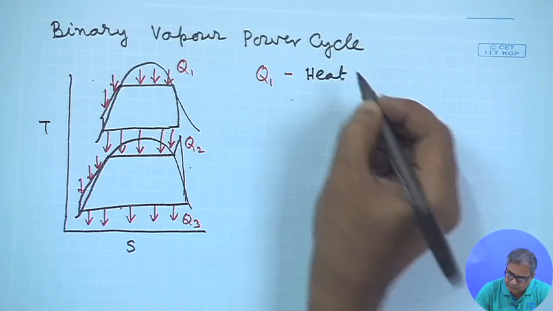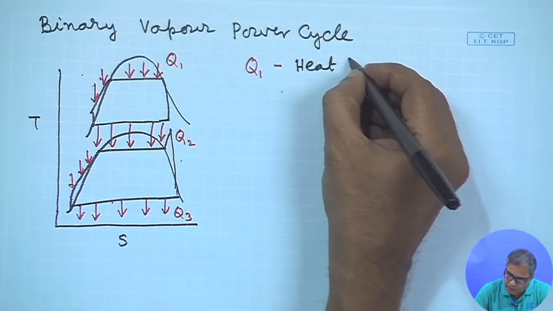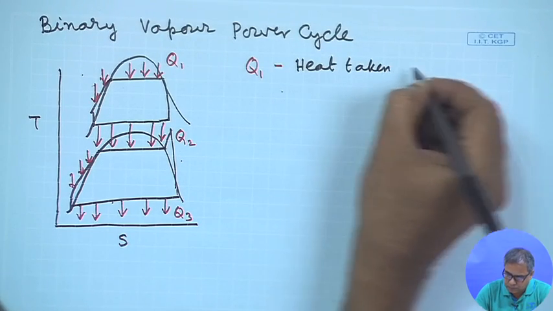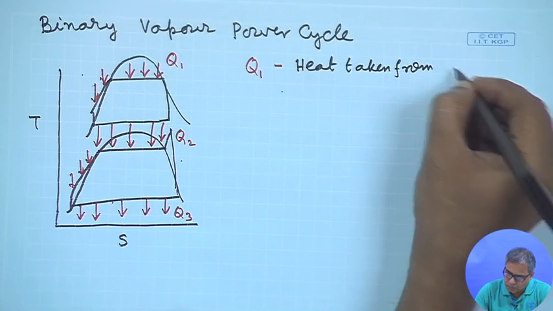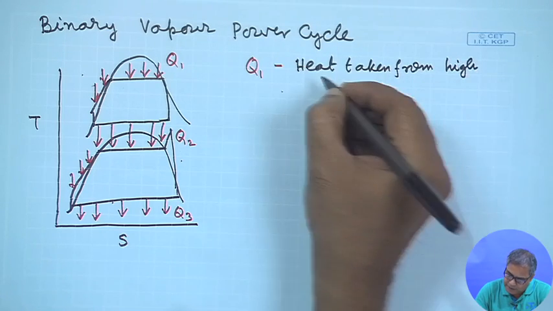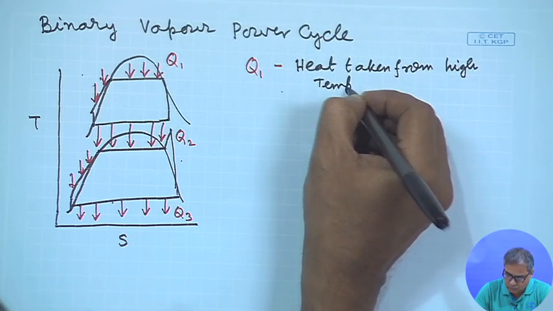So, Q1 is heat taken from the high temperature source.